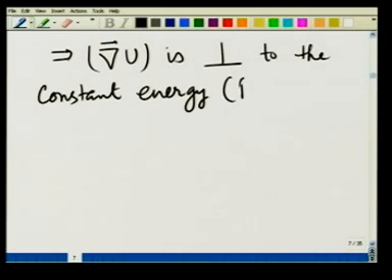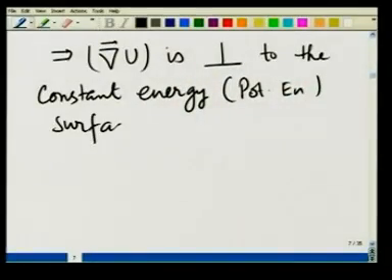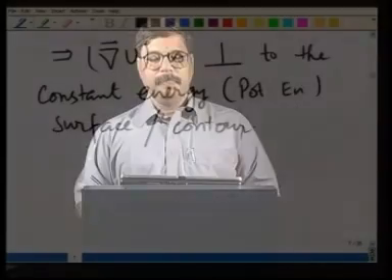So, let me be explicit, potential energy surface or contour in 2 dimensions. All right. So, first thing we conclude is that the gradient of a function u is going to be perpendicular to its constant surface or the contour.